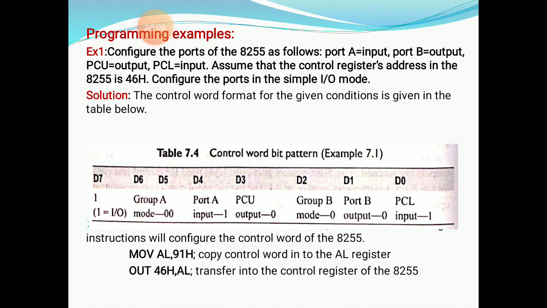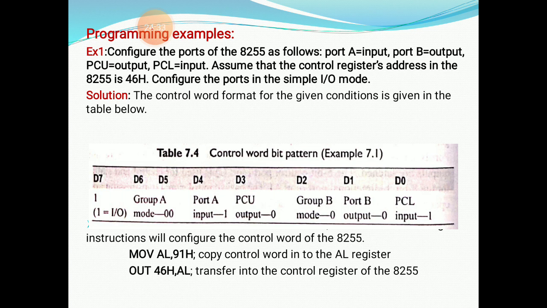Now consider examples. Example 1: configure the ports of the 8255 as follows. Port A used as an input port, port B used as an output port, port C upper used as an output port, port C lower used as an input port. Assume that the control register address in the 8255 is 46H.